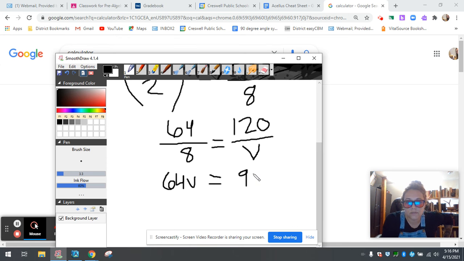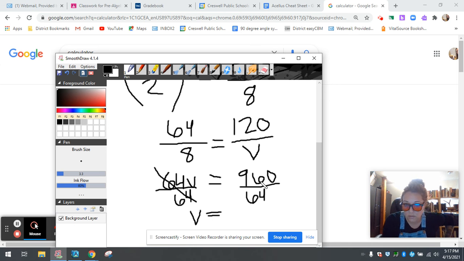Now I solve for V. Okay, I've got to get that V by itself. Oh no, it's attached to 64 via multiplication. Undo the multiplication by dividing by 64, that number that is attached to the variable. Okay, when I do that, 64 divided by 64 is 1 times V, which is 1V, so we're just going to write V. Okay, I have gotten the variable by itself.